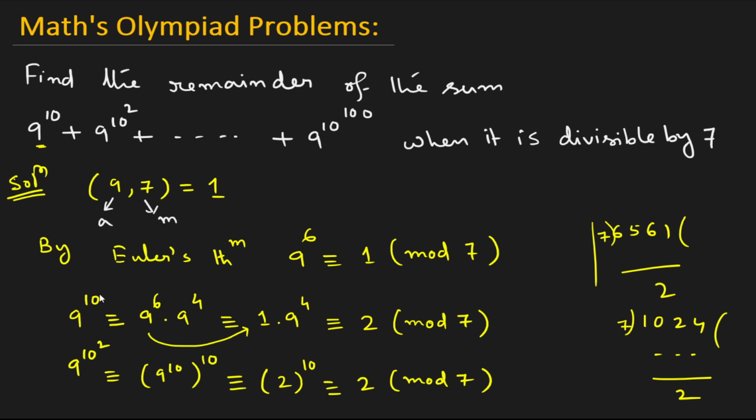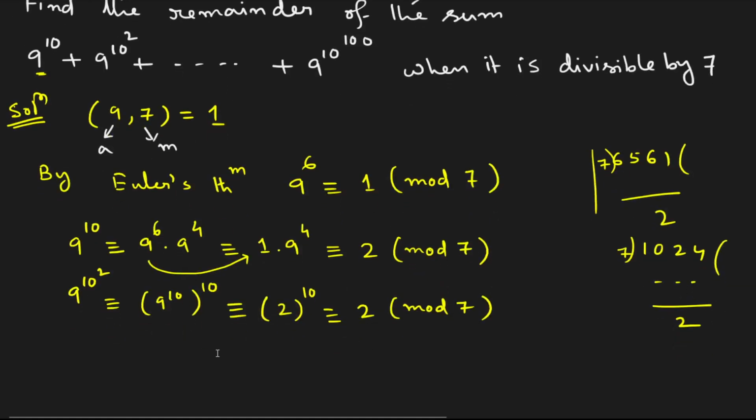So when we divide 9 to the power 10 by 7, we get 2 as remainder. If we divide 9 to the power 10 squared by 7, then also 2. Similarly, if we divide 9 to the power 10 cubed, 10 to the power 4, or even 10 to the power 100, in each and every case, what will we get? We will get 2 as the remainder. Okay, by induction.